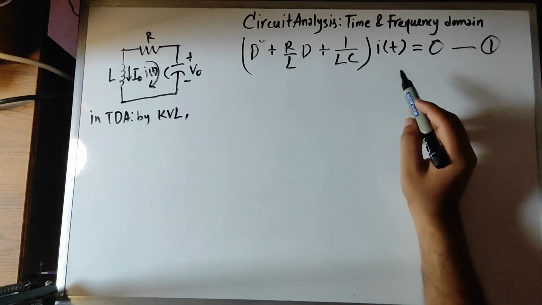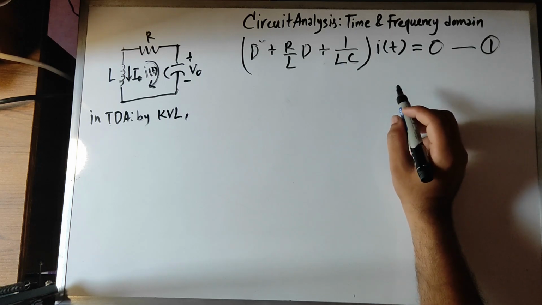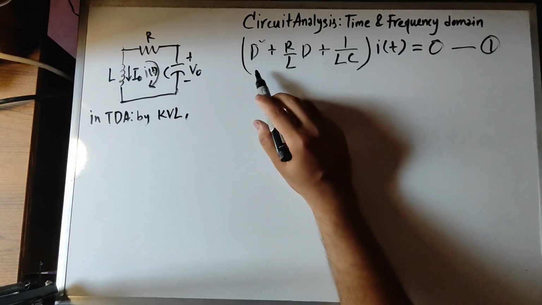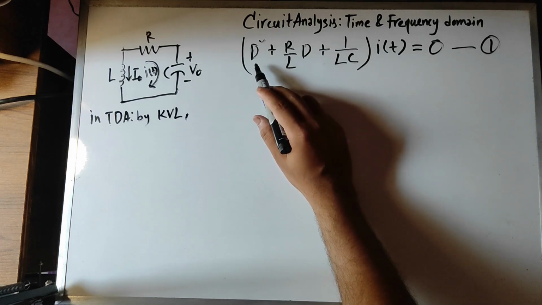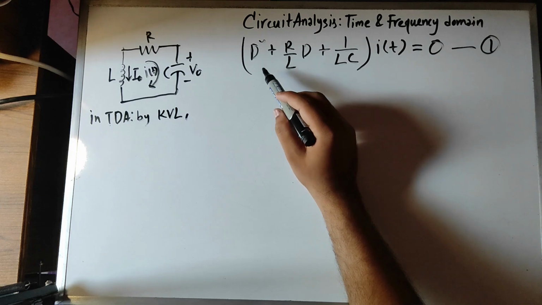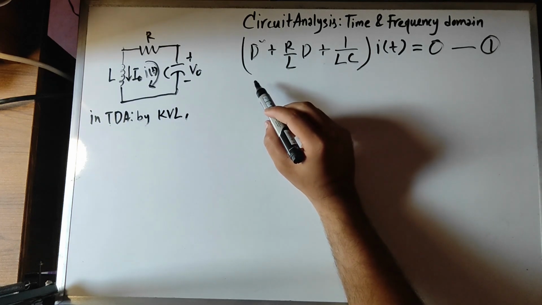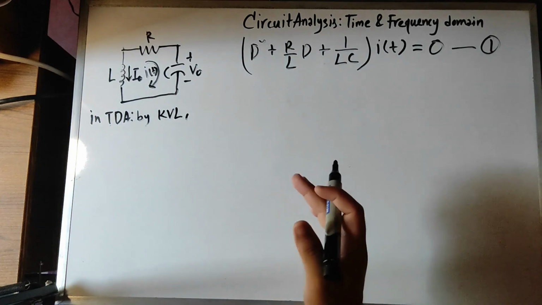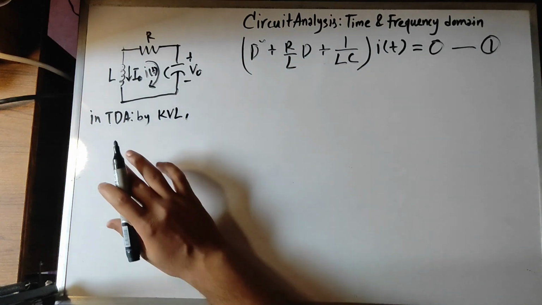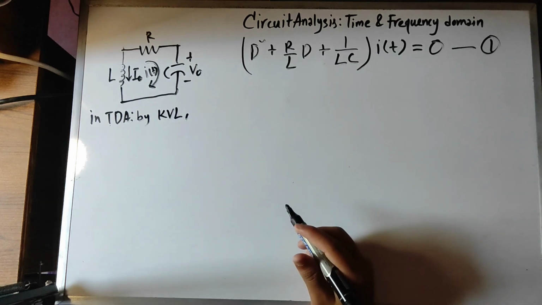Now we are going to solve this differential equation. For this we are using the linear differential operator, obviously, so all the formulas for the linear differential operator will be used here, which is very convenient and easy, and less time consuming when analyzing the circuit in time domain.